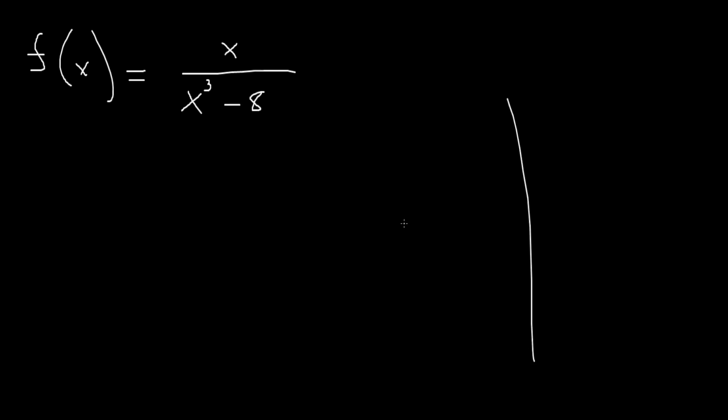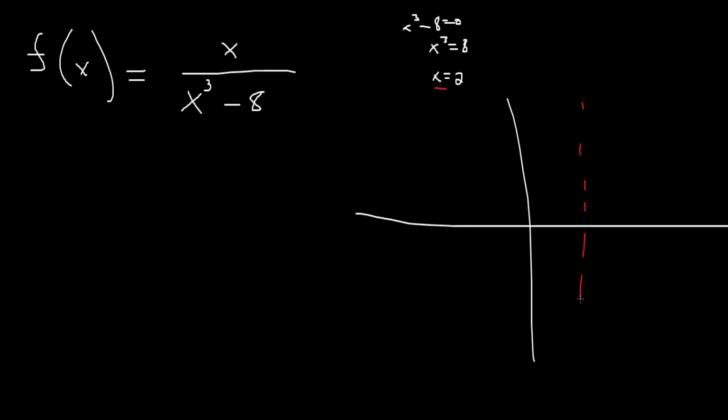So if we go to graph that function, we say x cubed minus 8 equals 0. That means that x cubed is equal to 8, and then the cube root of 8 is 2. So we know, according to this, that x equals 2 is off limits. So that one's not going to work.